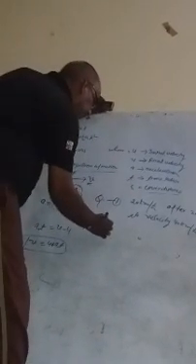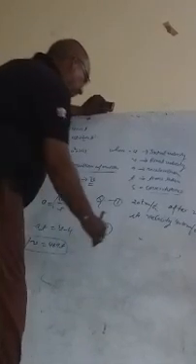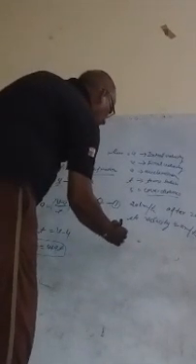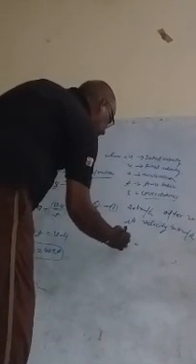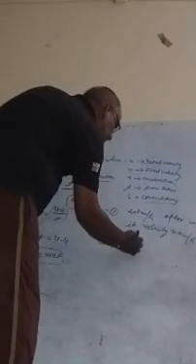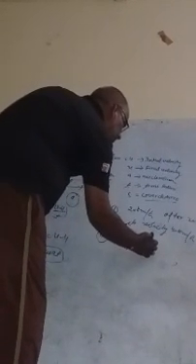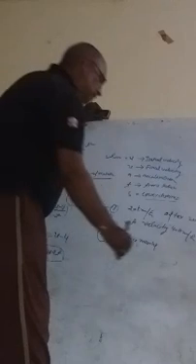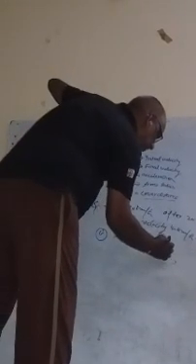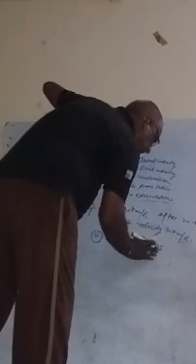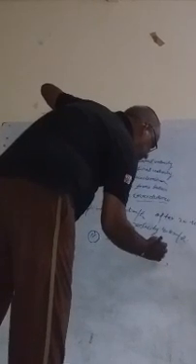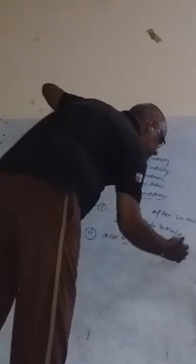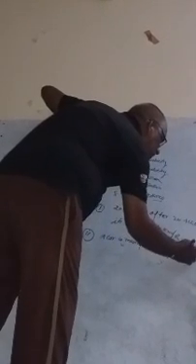Second question. A car is moving with velocity 25 kilometer per hour.